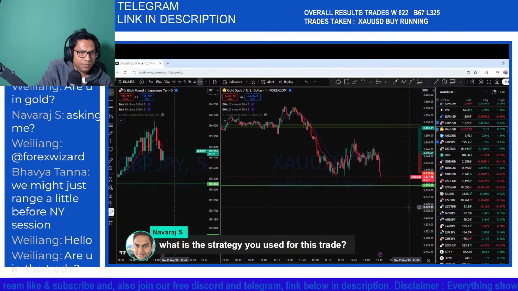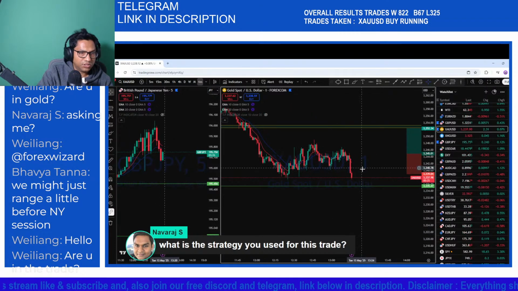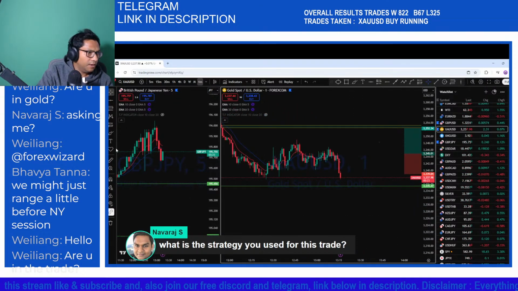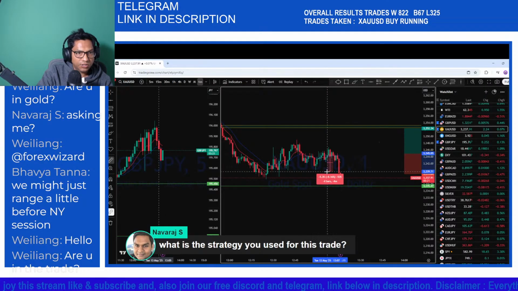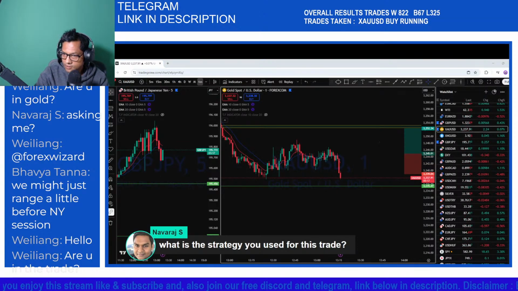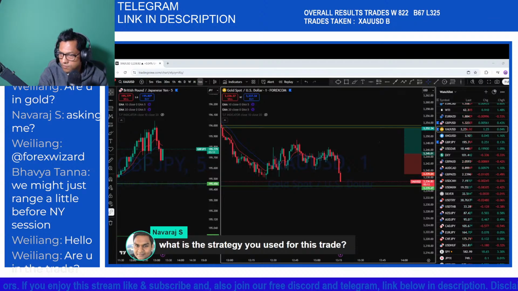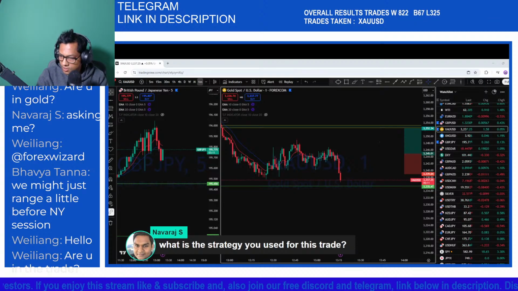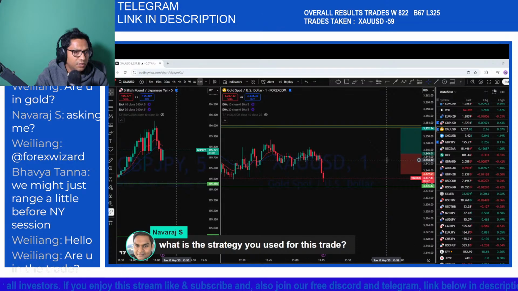It just has got a rejection from here, and we'll look for the next trade here. So this one has got 59 pips minus, so we will look for the next one.